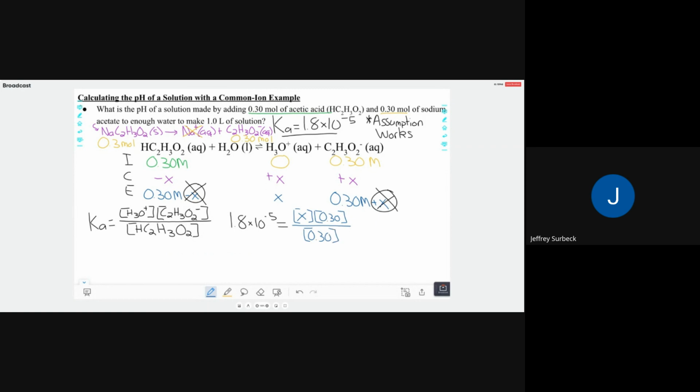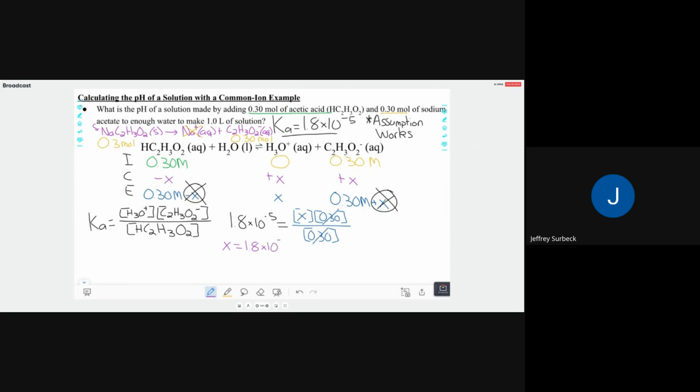Now, what do you notice here that we can do to help us out mathematically? Slice. Yep, slice it, cancel it, and that means 0.3 is going to cancel out with 0.3, okay? And so when we do this, our x is equal to 1.8 times 10 to the negative fifth.